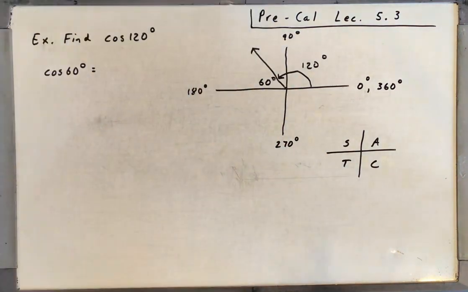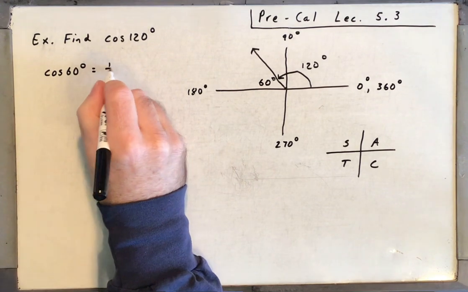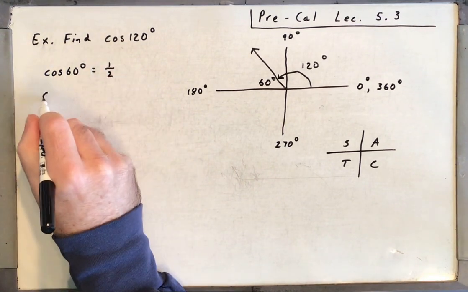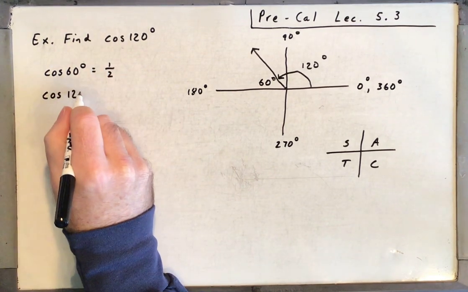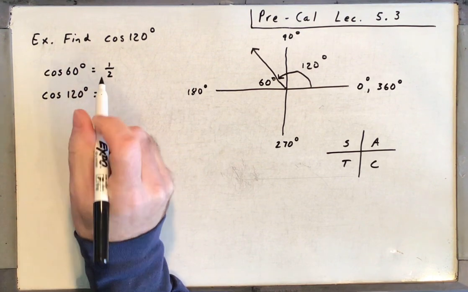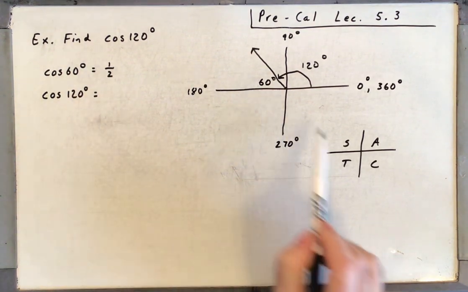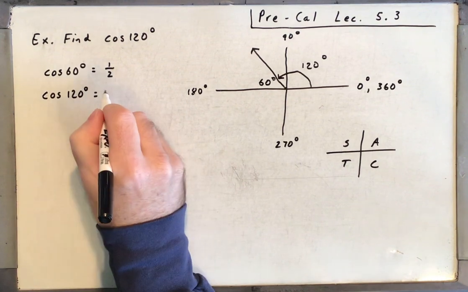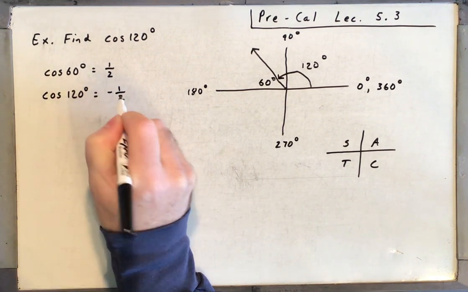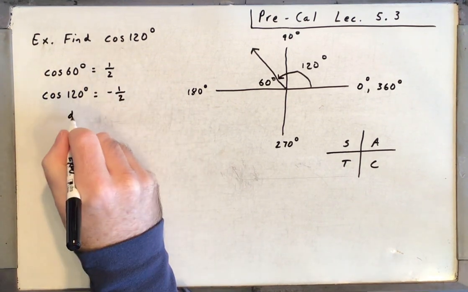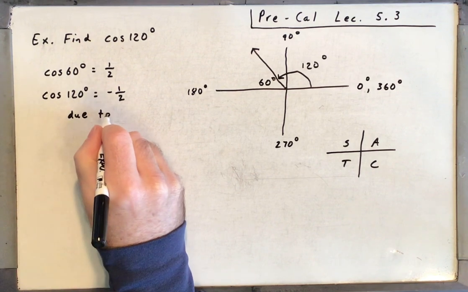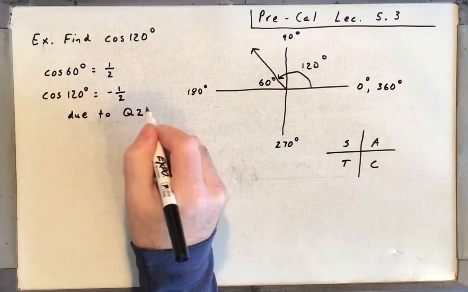So it's 1/2. So cosine of 120 degrees is going to be, okay, cosine is negative in quadrant 2, so it will be negative 1/2, due to quadrant 2.